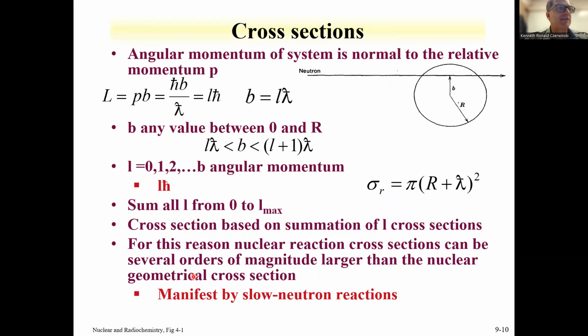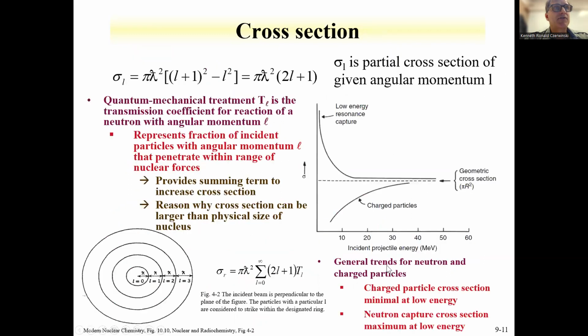Nuclear reactions can be several orders of magnitude larger than the nuclear geometrical cross section, and this is particularly true for slow neutrons. What I want to show is, if everything is going fast, this is for neutrons here, and this is for charged particles.